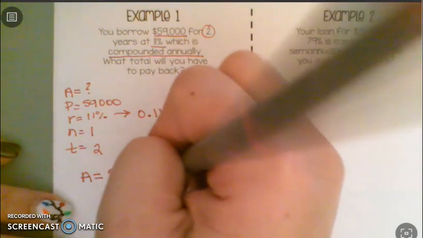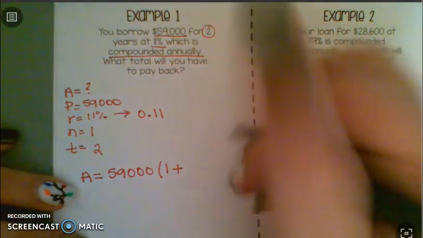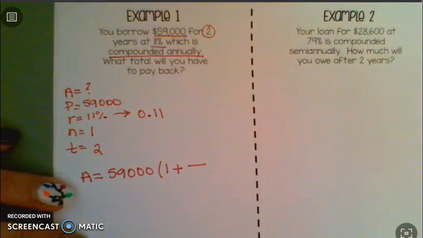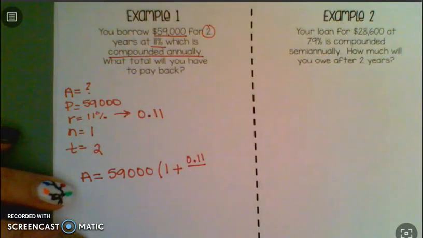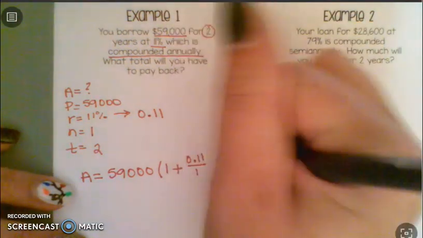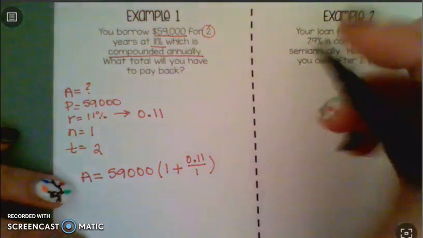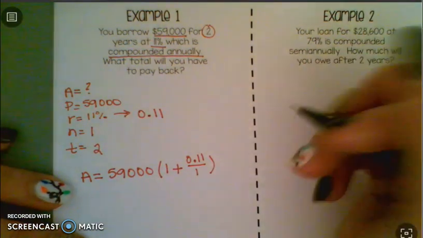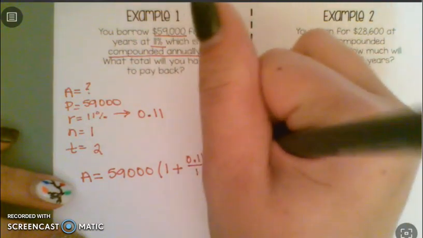It's always 1 plus. So previously you could have plus or minus, but with compounded annually, it's always going to be plus. Plus, then you have your fraction bar. Your rate goes on top, so 0.11, and your n goes on the bottom, which in this case was a 1. And now your exponent is an nt, which is going to be a 1 times 2.